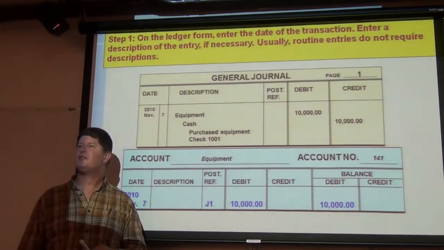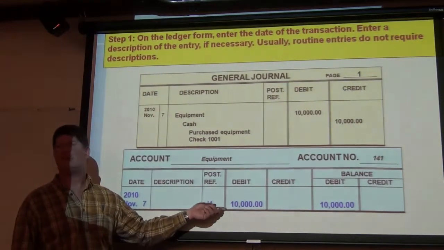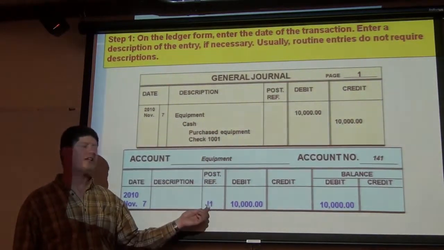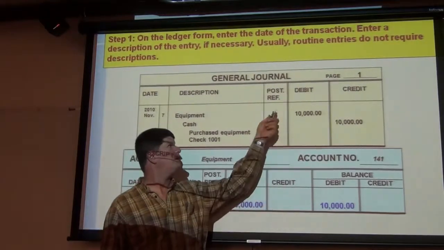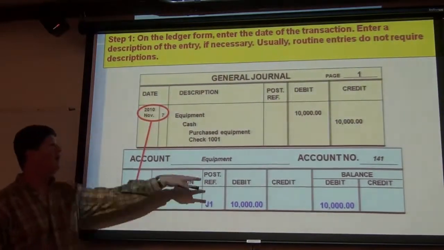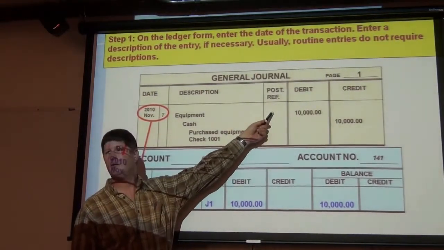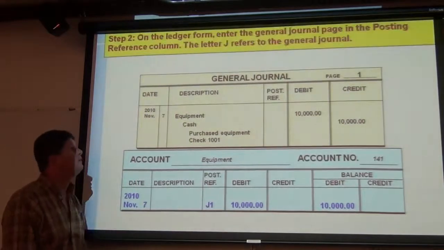How do you know when something's done? When it gets posted to the ledger from the journal, that's when you put in the posting reference here and here. So once it's complete, I'm going to carry the 141 up and put it on the appropriate line up here in the posting reference. Okay?